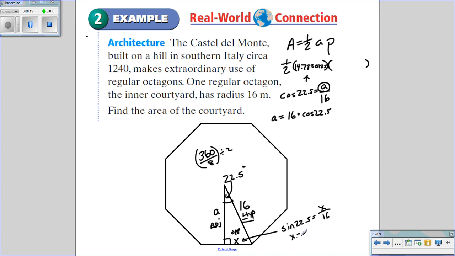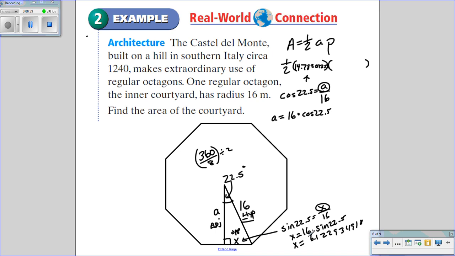So x is going to be, since it's on top, 16 times sine 22.5. Let me calculate that. All right, so the bottom of that triangle, I got 6.122934918. That's the length of the bottom of that triangle.